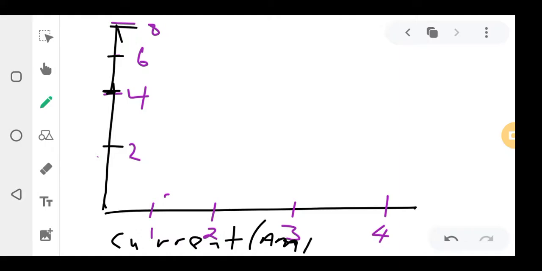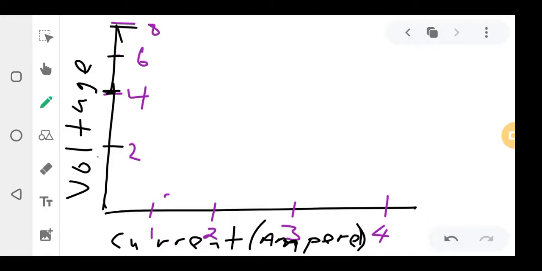So the numbers down have current, and the numbers this side, vertical, have got voltage. Down, horizontal, is current; this side is voltage.